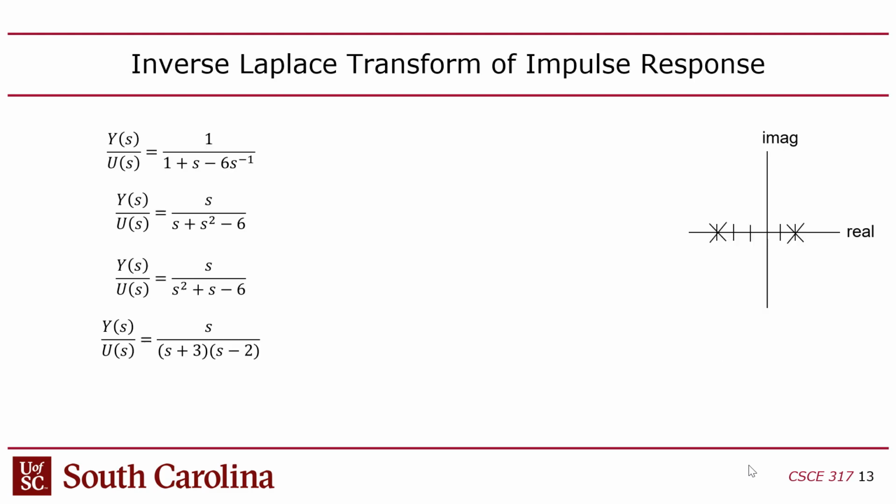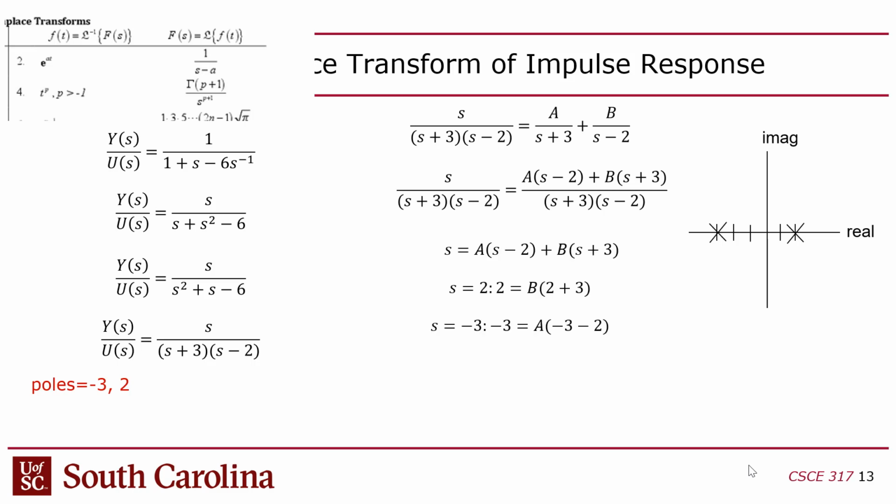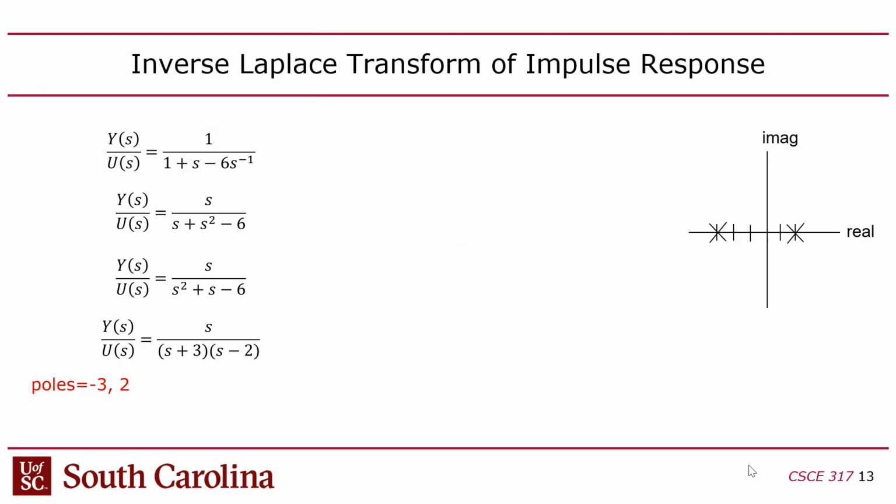Okay, so the impulse response is actually the inverse Laplace transform. We talked about how you can calculate the inverse Laplace transform. Sorry, let me back up here a second. Another way to tell if a system is stable is by finding the poles.